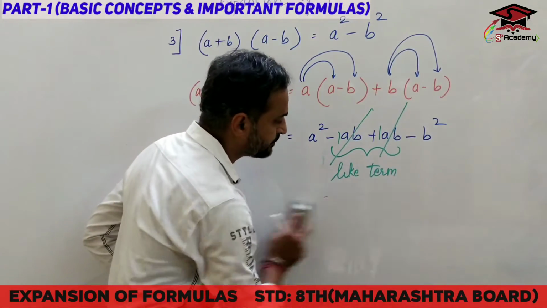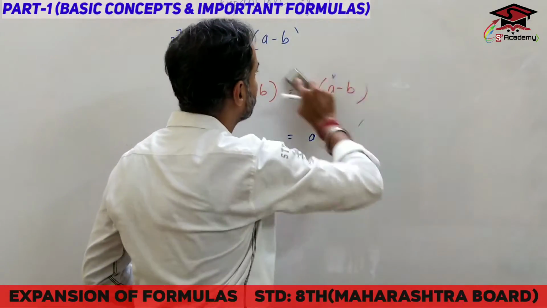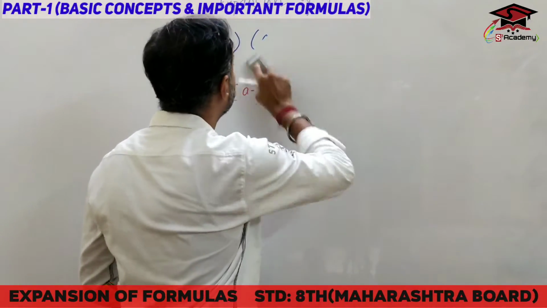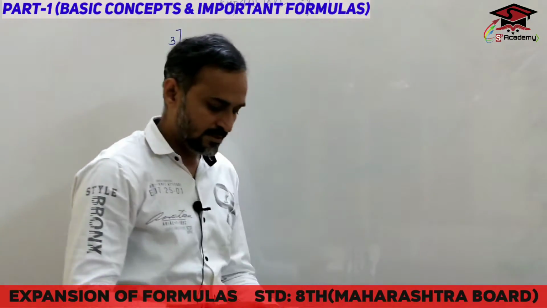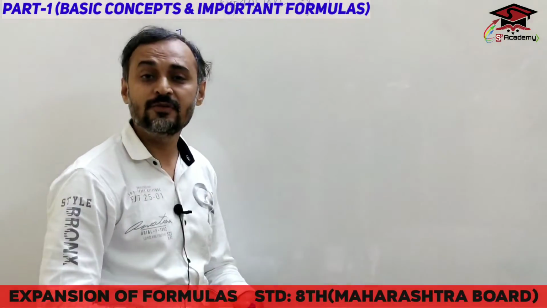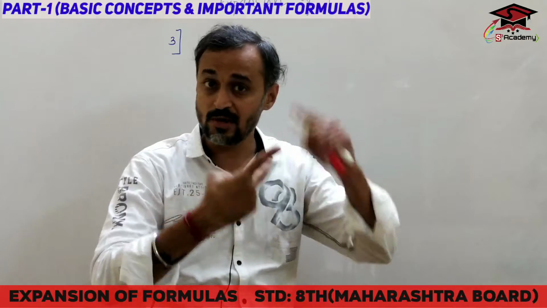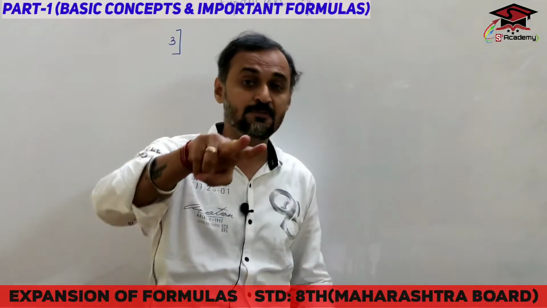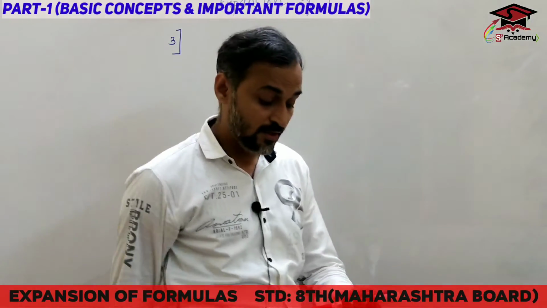Okay students, I hope nobody is getting bored. Let's move ahead. We have seen three parts. First is a plus b the whole square. Second we have done with a minus b the whole square. And the third part we have done with a square minus b square.